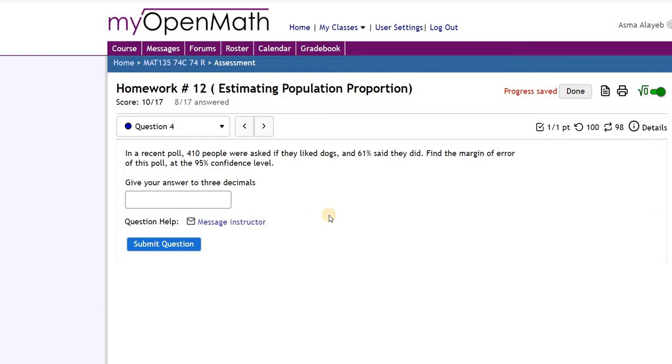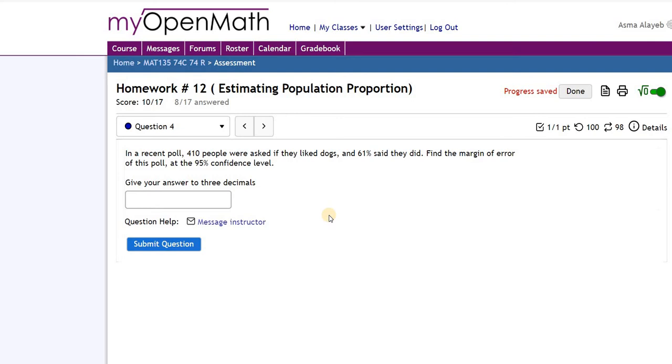Some of the questions will be like this. In a recent poll, 410 people, so that I know is my n. I'm going to say n is equal to 410. Were asked if they like dogs, and 61% said they did. So the proportion who said they did is p hat. That is 0.61.